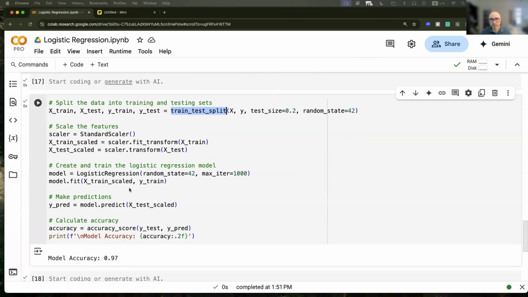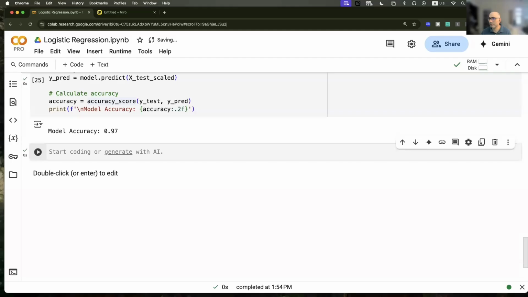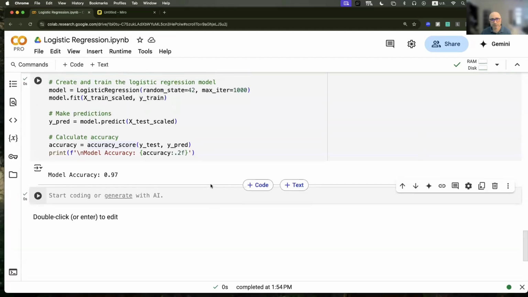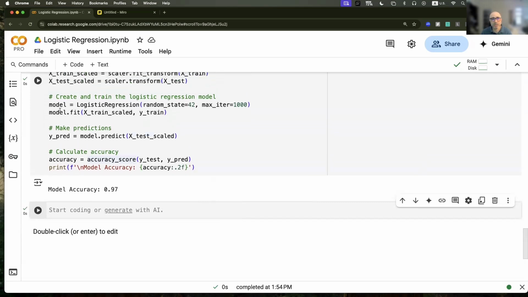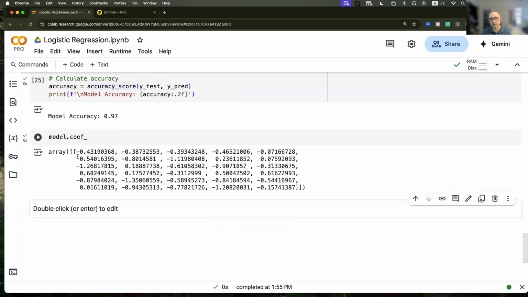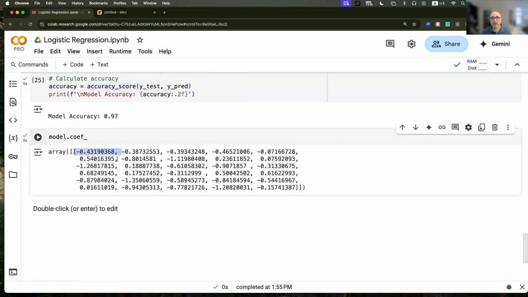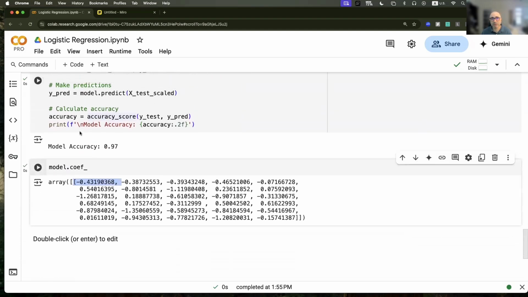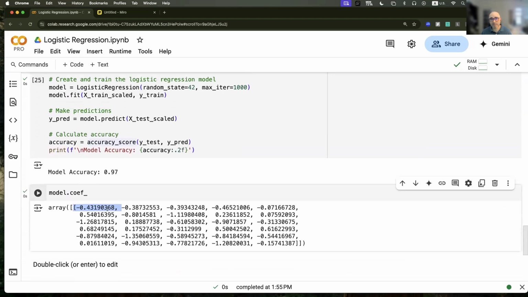Also, when we train the model, it generates parameters that we can get. These are all optimized values calculated based on the training data set that we used.